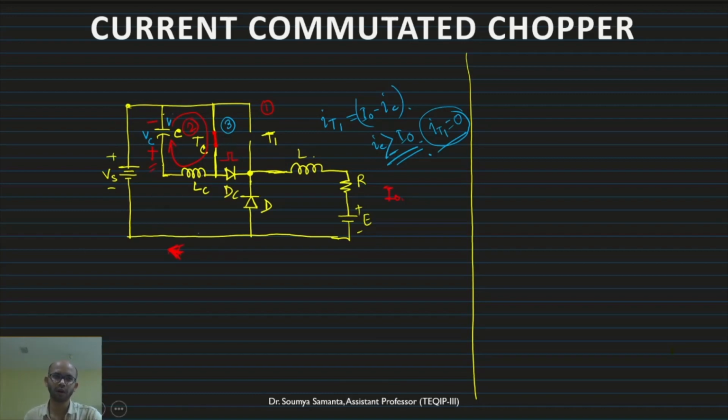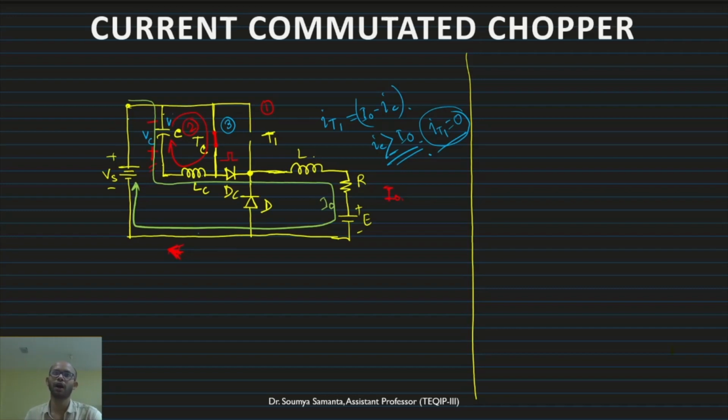Immediately the load current will get a path through which it will flow. That path is, let me draw from this side. This will be the path of the load current, I naught.